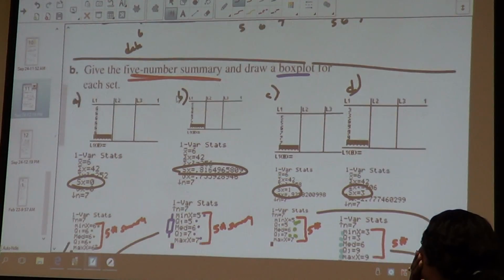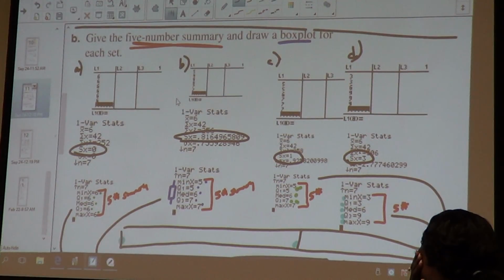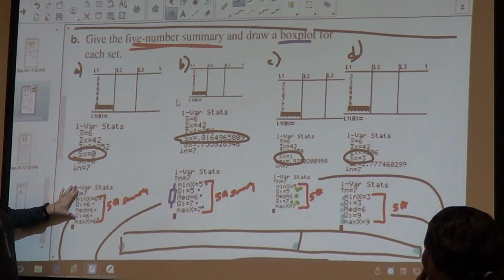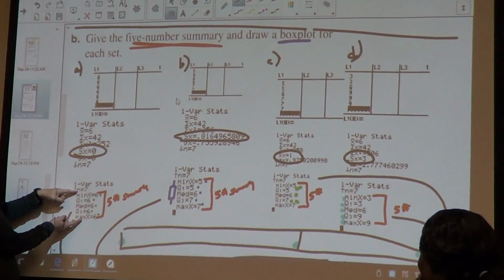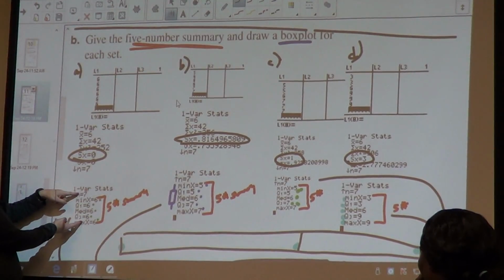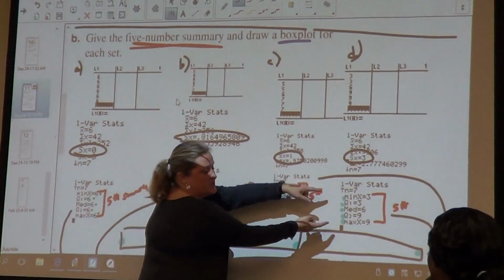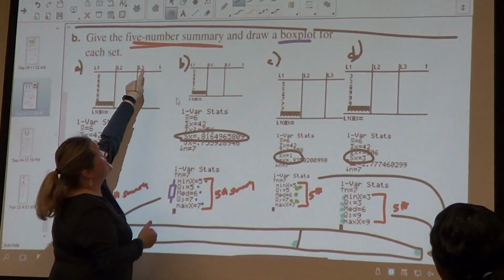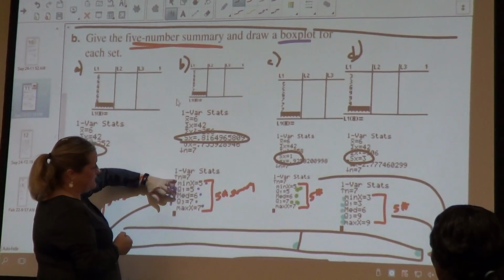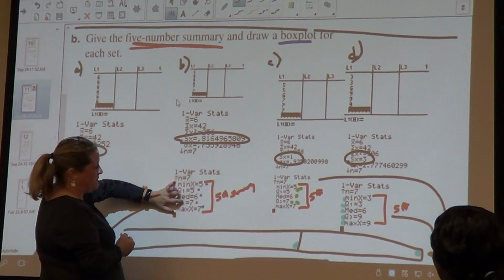And I wanted the 5-number summary. The 5-number summary is on that second page of data, not the first page, but the second page. Y'all with me? And it's the last 5 things. That's my 5-number summary. It says, give me the 5-number summary. That's the min, Q1, median, Q3, and maximum.